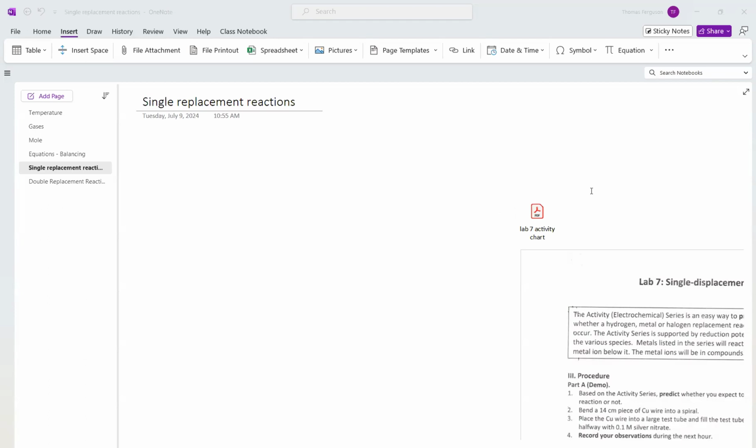Okay, there are two types of reactions that are very common. One is called single replacement, the other is called double replacement. Now, with single replacement reactions, you have to understand something called oxidation and reduction.